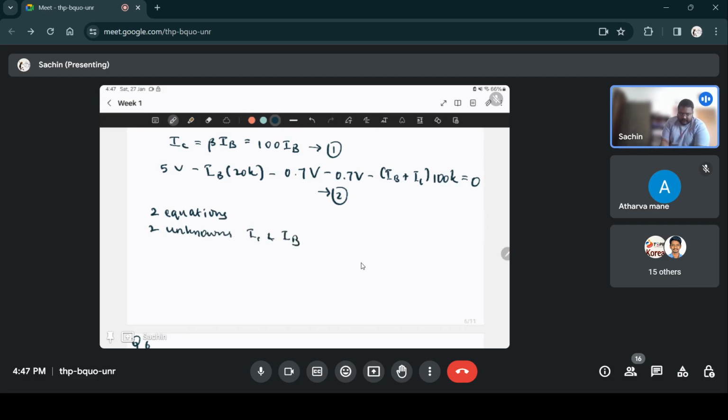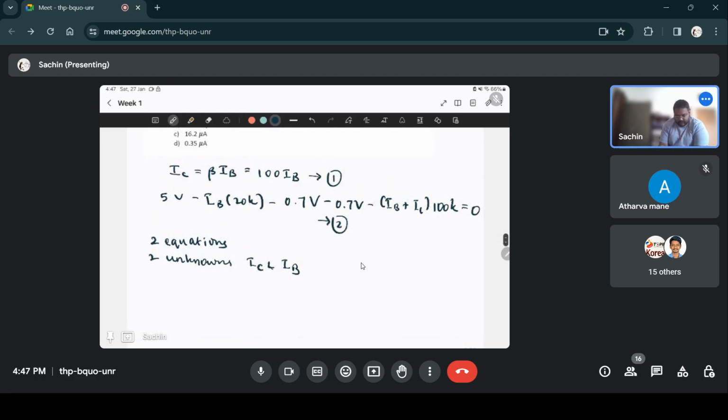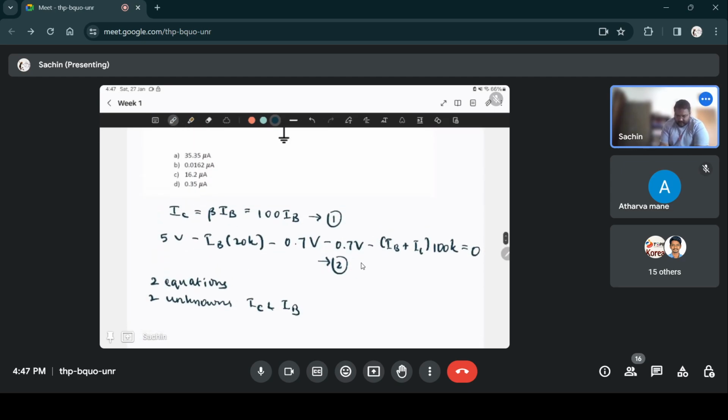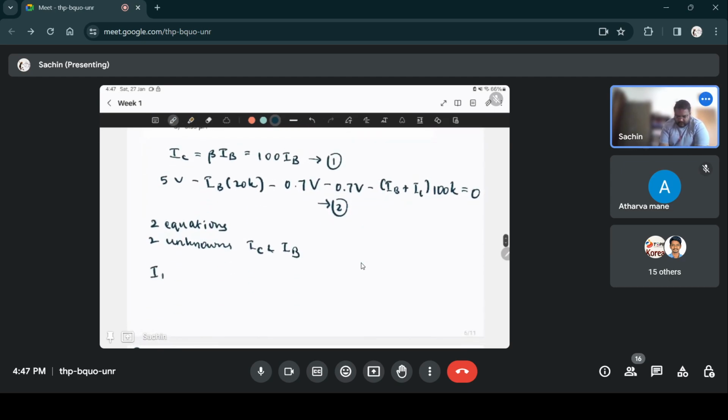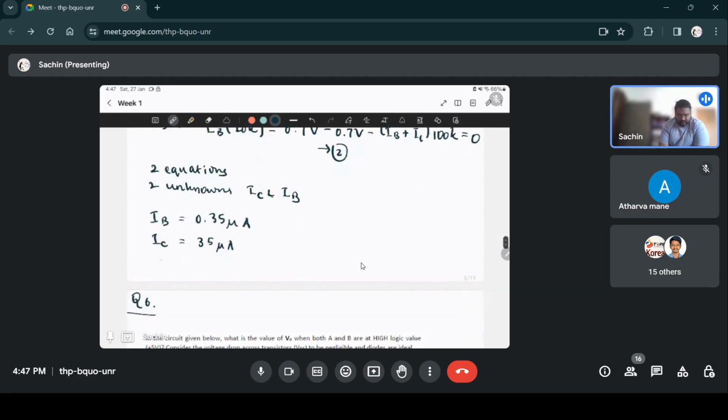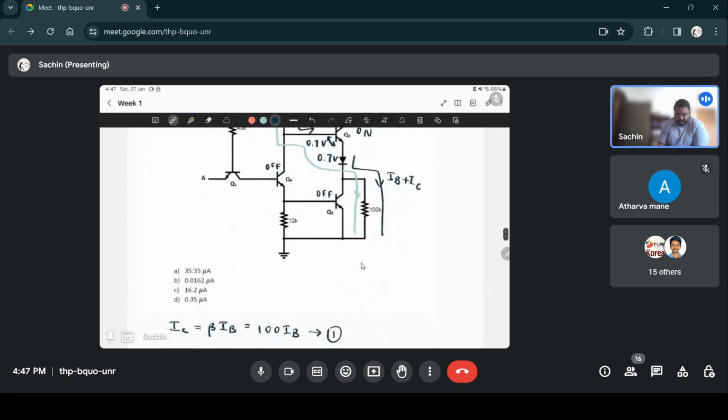You can solve these linear equations to find out the values of IC and IB, and it will turn out that IB is 0.35 microampere. IC is 100 times IB, so it's 35 microampere. So the current flowing through the 100 kilo ohm resistance is IC plus IB, which is 35.35 microamperes, which is option A.